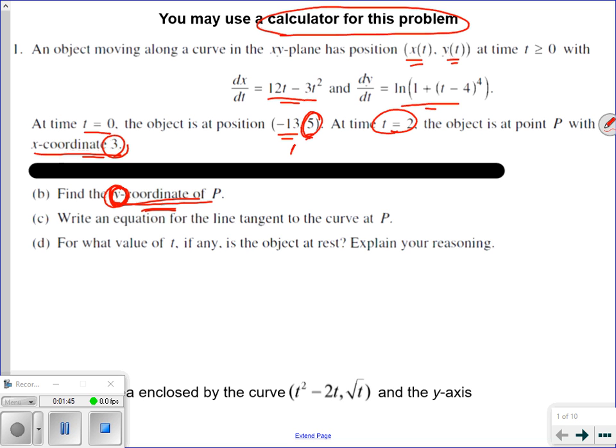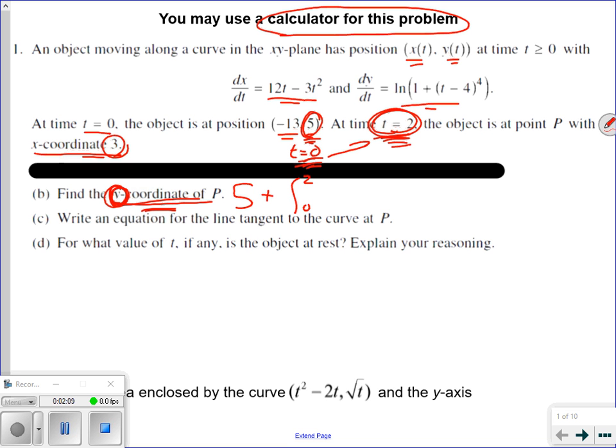So initially, at time equals 0, we have a y value of 5. Okay? So I'm going to say 5 plus. Now, if I want to know my new value at time equals 2, that is an accumulation, right? It is a change in value from time equals 0 to time equals 2. So how we talk about that change is integral 0 to 2.